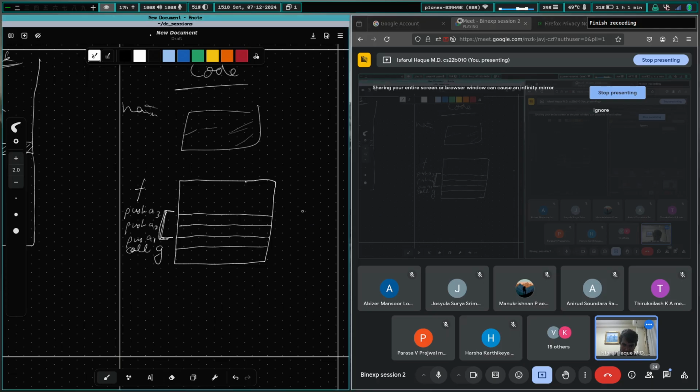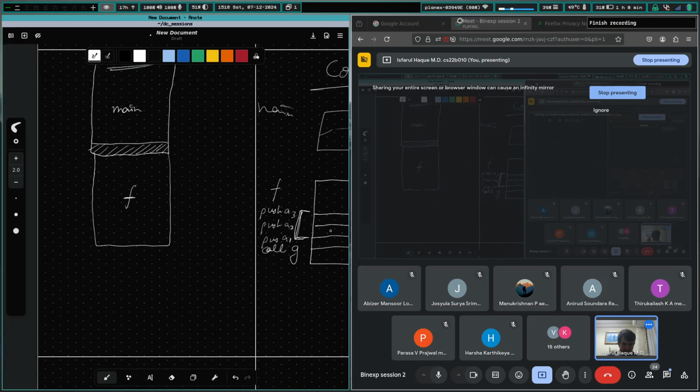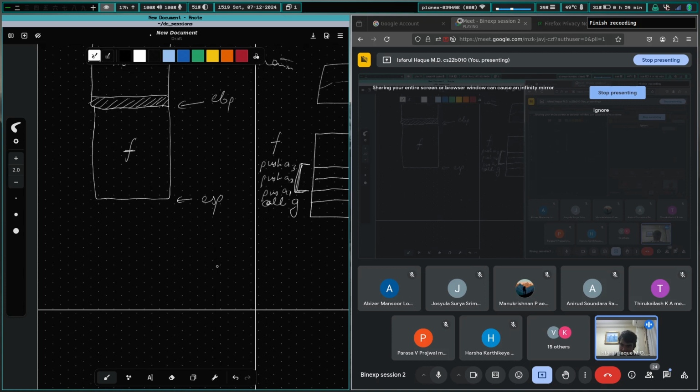Now we'll go through what happens at each point of time. So EIP is here. Now this instruction hasn't been executed. Now A3 is pushed. Once A3 is pushed, A3 comes here and ESP moves down.